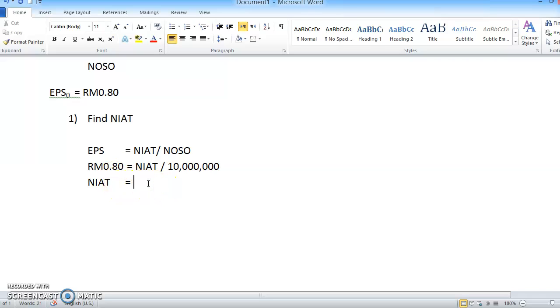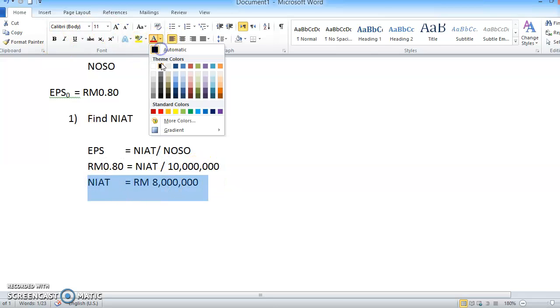Yes, you will get RM 8 million. So this is the net income after tax for this particular EPS equal to 80 cent and the NOSO, or the number of common stock outstanding, is 10 million.